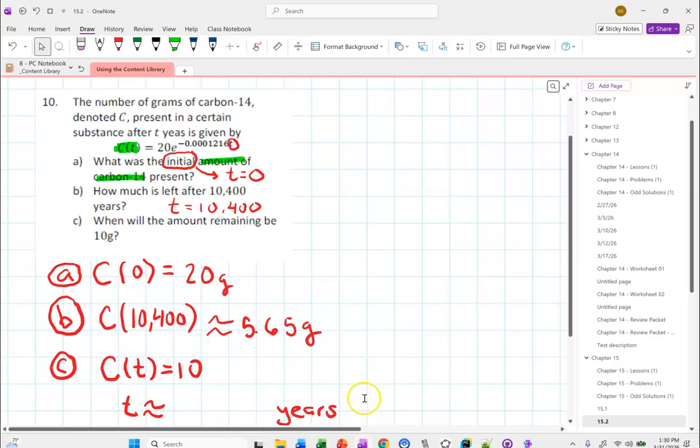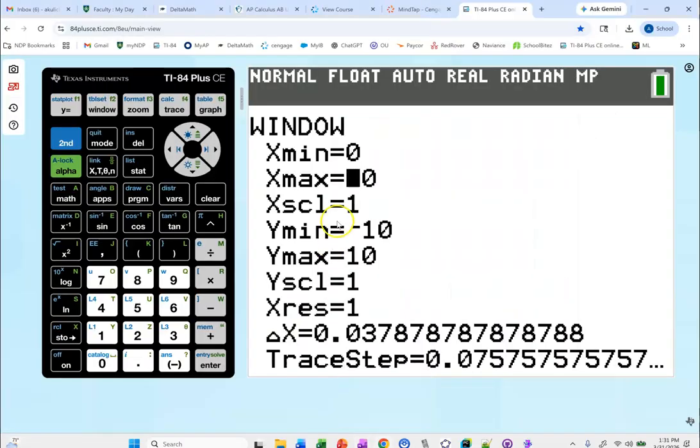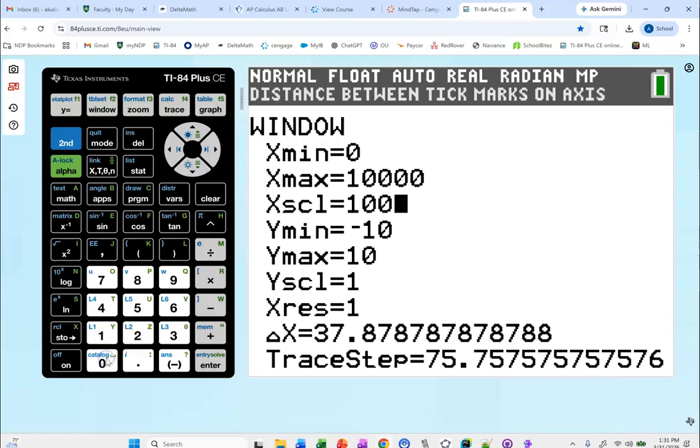And then if I look at part B, I saw that after 10,000 years, we got like 5.65 grams. So certainly between starting at 0 years when we had 20 and 10,000 years, I would have had to cross 10 somewhere in there, right? So 10,000 seems like a good value for my X max. And maybe we'll go by thousands.